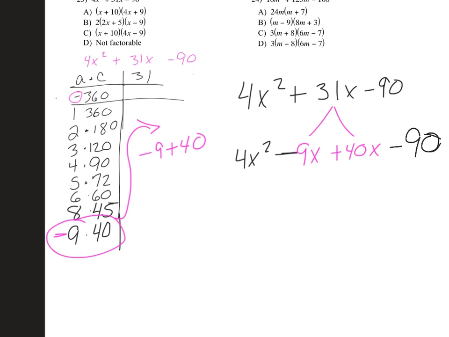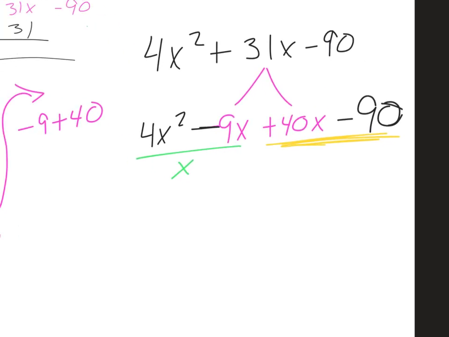Factor by grouping. Yeah. So what am I going to factor out of that first group? Yep. And then what do you want to factor out of this second group? 10. Yep, I agree with that too. All right, so what do you do after you found that GCF for each group?